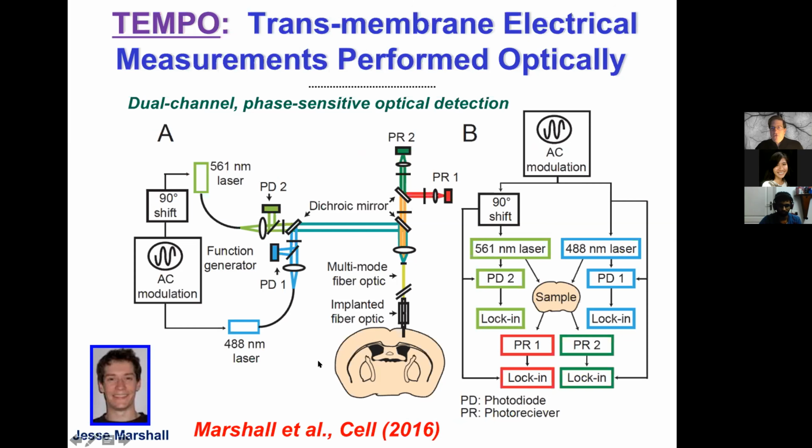And so the overall strategy is to use the reference channel to correct for artifacts in the voltage imaging channel. These channels were kept separate by fairly standard techniques in optics. They're both modulated at different frequencies, allowing one to demodulate in a way that leads to minimal crosstalk between the channels.